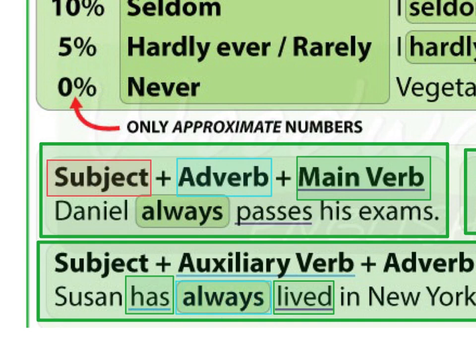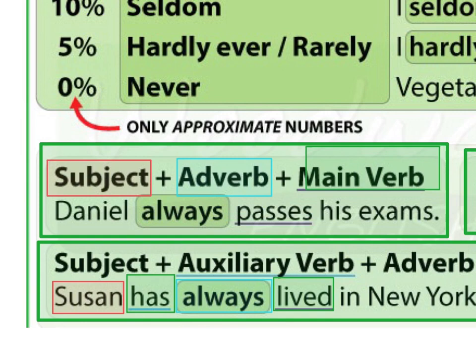So our sentence begins with the subject, which is who it's about. This is about Susan. We're saying that she has lived in New York, and we say, how often has she lived in New York? And the answer is always. She has always lived in New York. And the adverb of frequency goes in between the two-part verb, part one and part two.